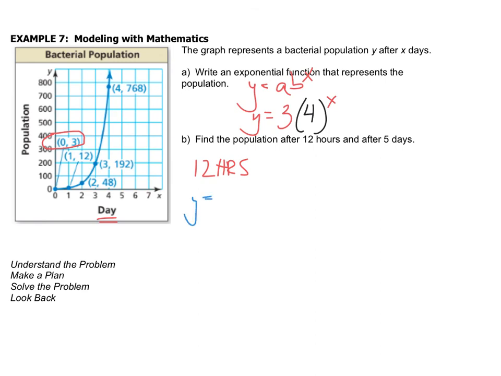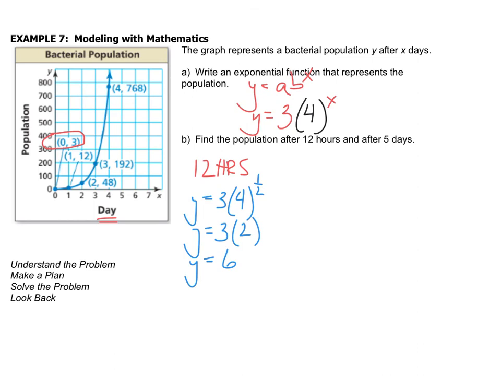So I'm going to use my function and plug in 1/2. Now remember, in a previous lesson we just talked about these fractional or rational exponents. 1/2 is the same thing as the square root of 4. The square root of 4 is 2. And then 3 times 2 is 6.